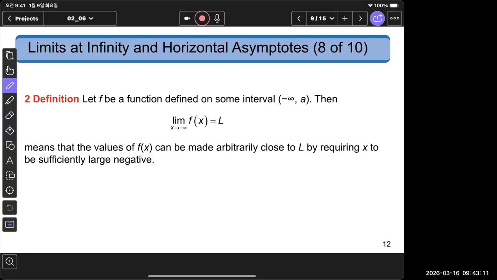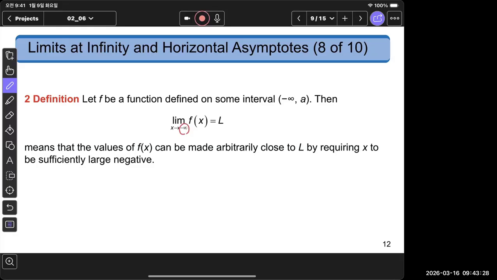Suppose that f is a function defined on some interval from negative infinity to a. That means for all x values less than a. Then we say the limit of f of x is L as x approaches negative infinity.